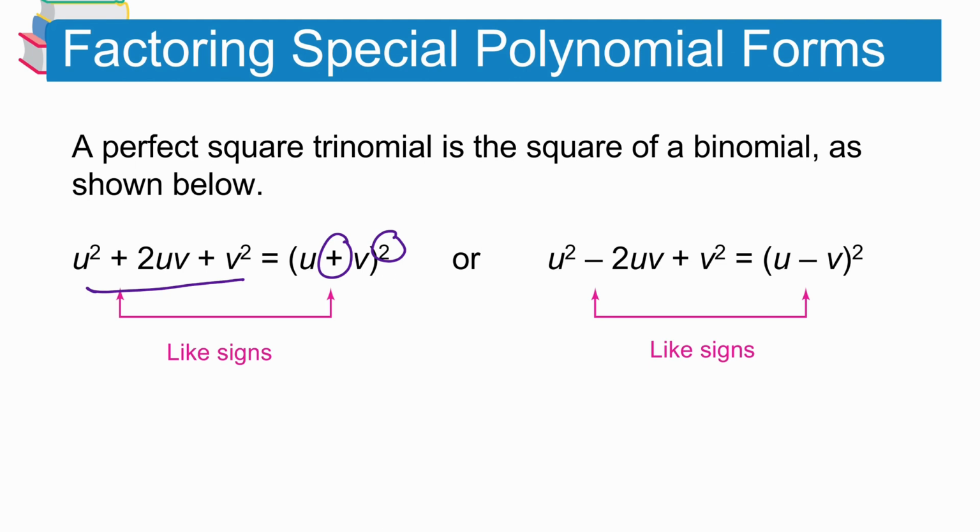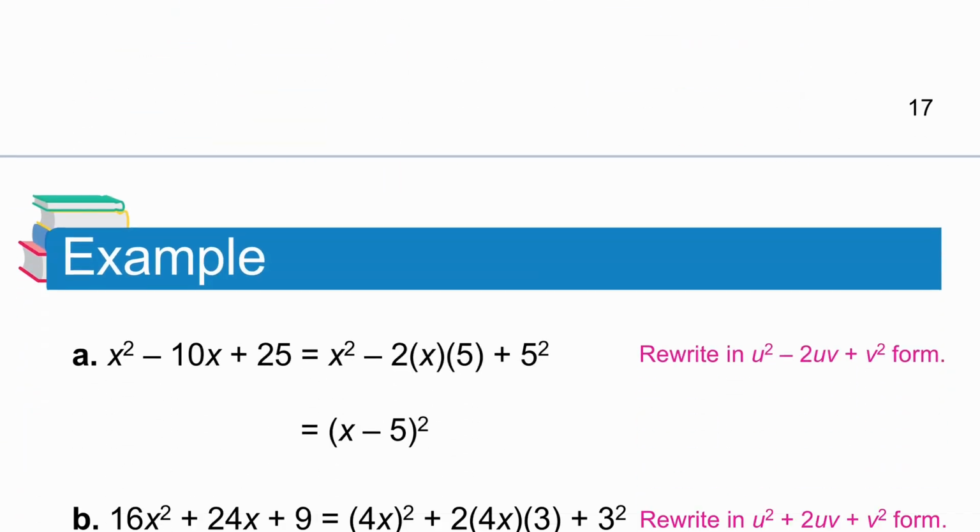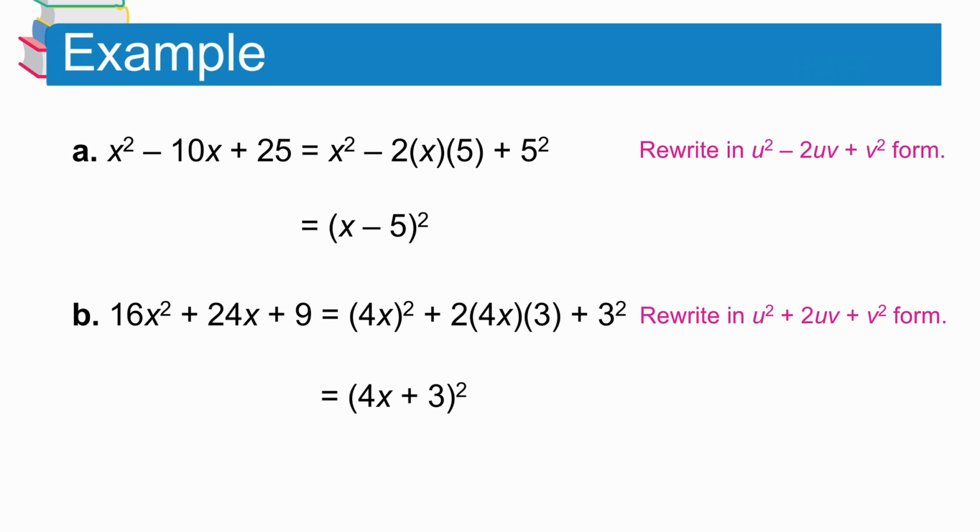And so the middle sign is going to match the sign in your perfect square. So if it's negative here, it's always going to be negative here. If it's positive here, it's always going to be positive here. And so here we have a couple of examples.